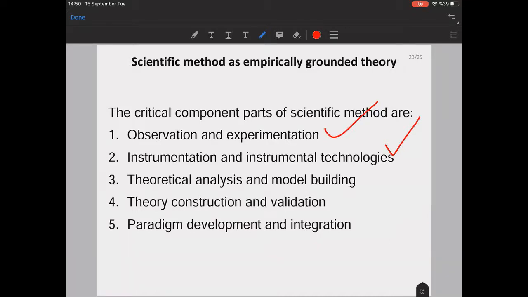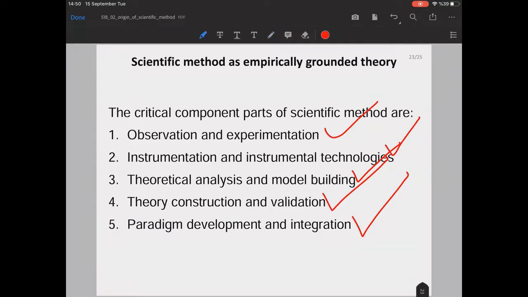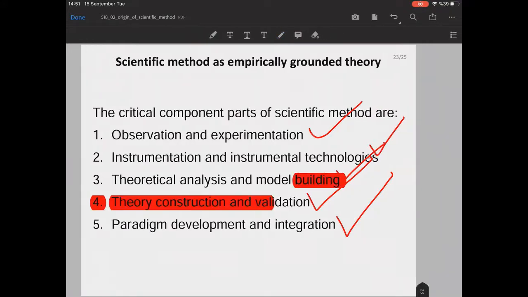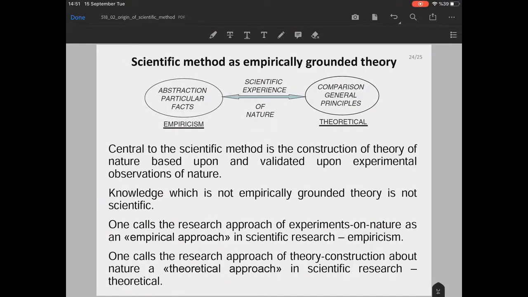The theoretical analysis and model building is important, and theory construction and validation next, and paradigm development and integration of other theories and components here. So, central to the scientific method is the construction of theory of nature based upon and validated upon experimental observations of nature. Knowledge which is not empirically grounded theory is not scientific. This is an important issue.